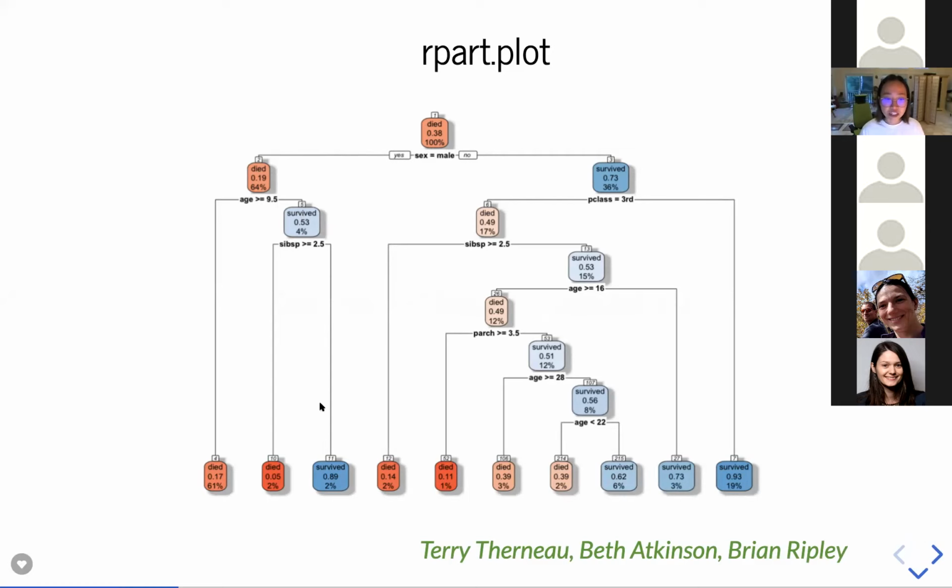Eventually you arrive at a terminal node for the sample that you're interested in. In this case, a sample may be male and then maybe older than 10 years old. I think this is the Titanic data set, and they're trying to predict whether a passenger survived or died on the Titanic, and if they have siblings, it seems like they survive. So those are things that you can interpret from the decision trees.